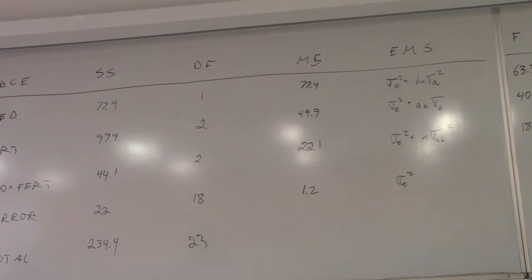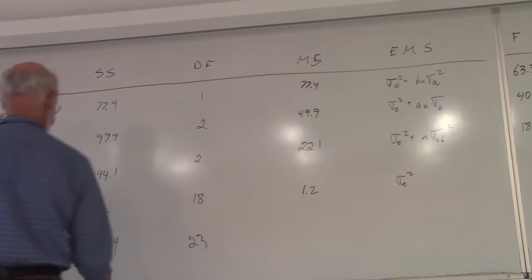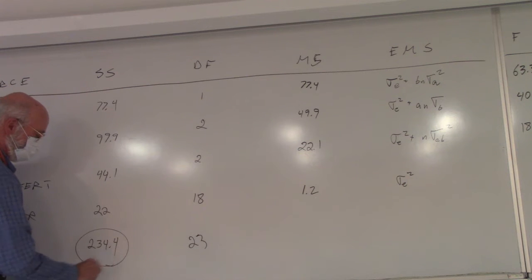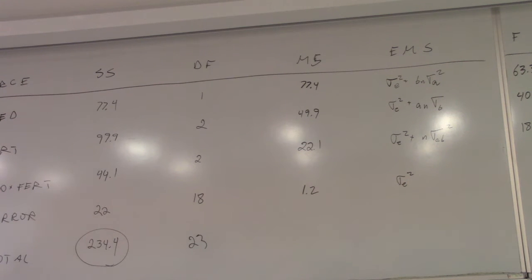How would you approach it? Well, you know how much total variation there is. That's that thing right there. There's your total variation. Okay? You know that that right there is just noise. That's measurement error.